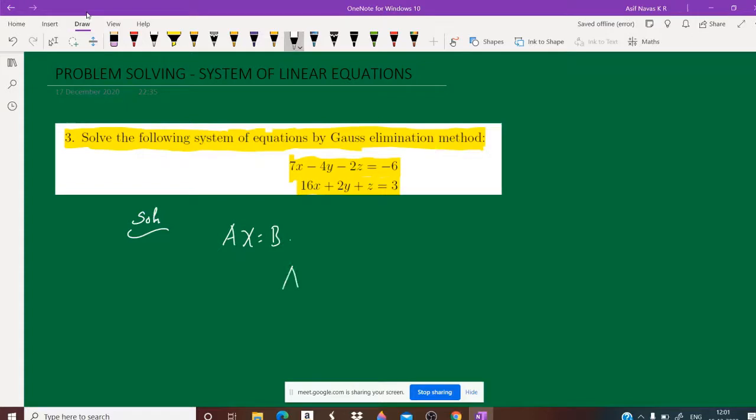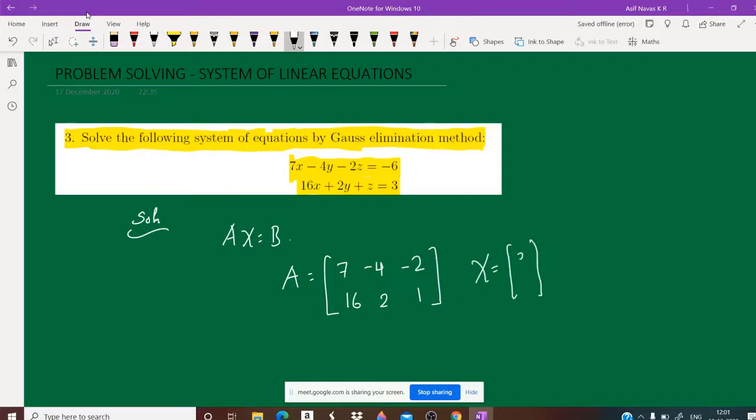So what is A here? Tell me A. 7, minus 4, minus 2, 16, 2, 1. Now what are our unknowns?